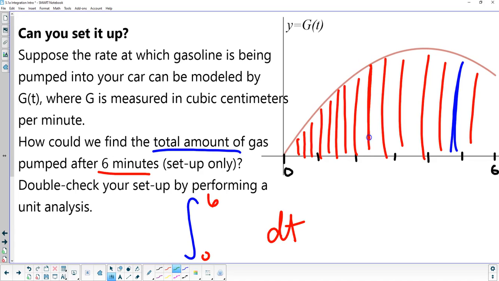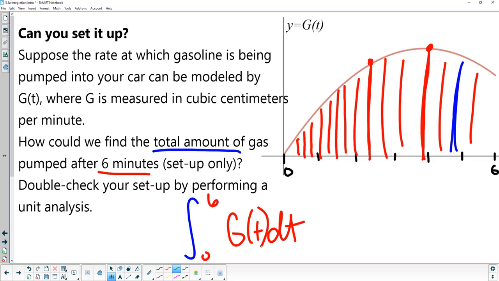Depending on if I take this slice, it'll be that y value. If I take this slice, it'll be that y value. The point is, the height changes, but it doesn't just change randomly, it changes based on my function g of t. And that's it. Once I calculate this, it would give me the total amount of gas we pumped in.